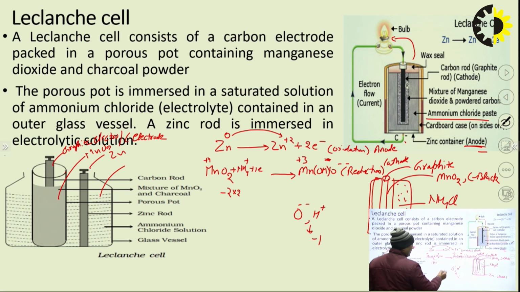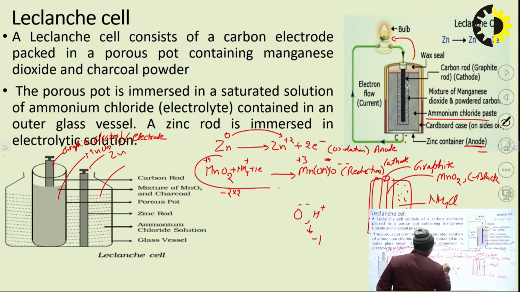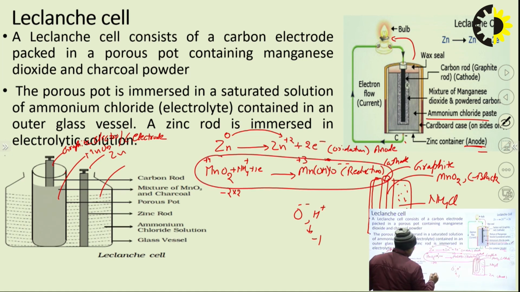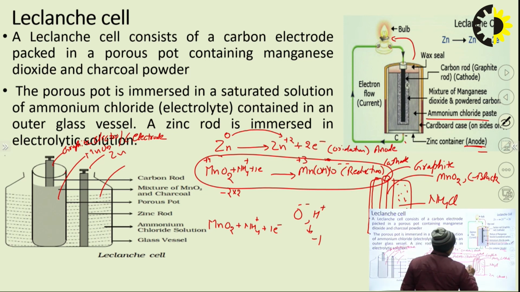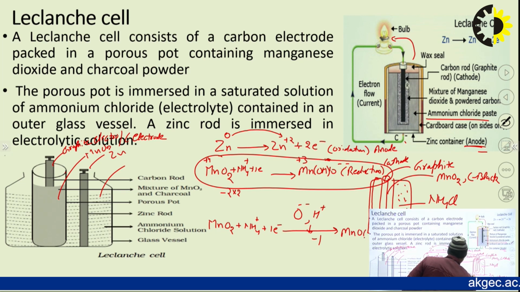So ultimately I am writing again this complete equation. This is MnO2 plus ammonium ion plus 1 electron, forming MnOOH plus ammonia gas.